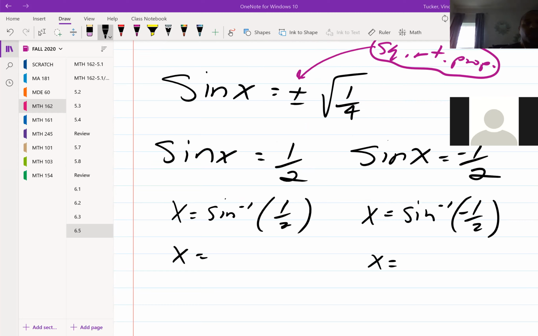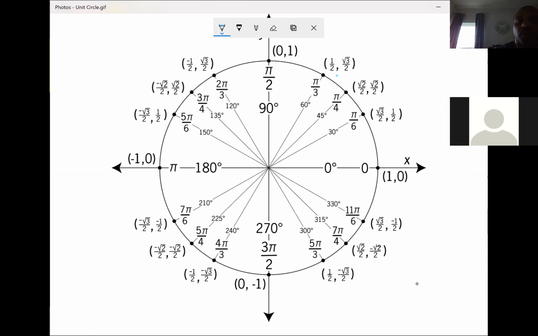Notice we want to know when sine is negative 1/2 and positive 1/2. So sine is positive 1/2 right here, and positive 1/2 right here. So we're looking at pi over 6 and 5 pi over 6, and negative 1/2 right here and right here, which would be 7 pi over 6 and 11 pi over 6. So those are your 4 answers.